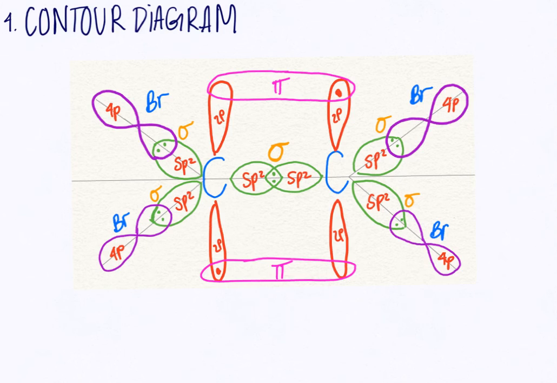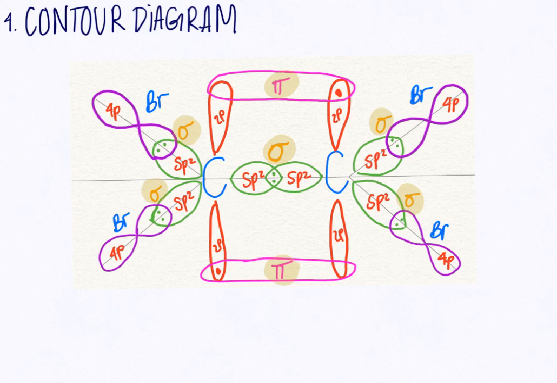Since we finished our box diagram for C2Br4, we can finally draw our contour diagram, which I've drawn already for you guys. You could see that a sigma bond forms between the 4p orbital and the sp2 orbital. And you could also see the sigma bonds between the sp2 orbital of the carbons and the pi bond between the 2p orbitals of the carbon.